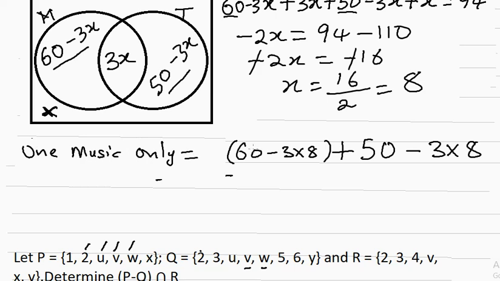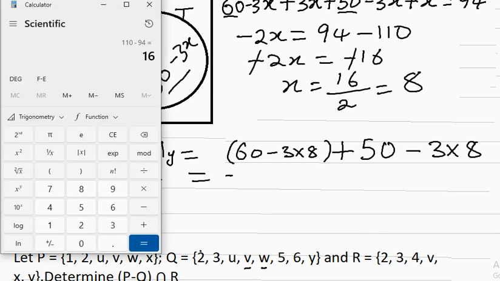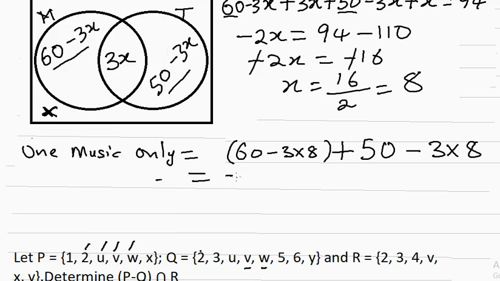This is going to be equal to 60 minus 3 times 8, plus 50 minus 3 times 8. Everything actually yields 62.